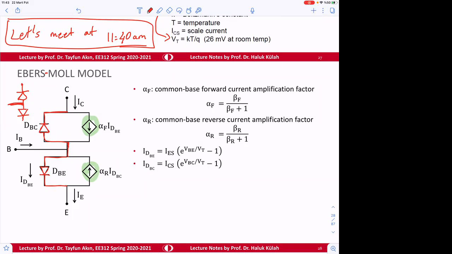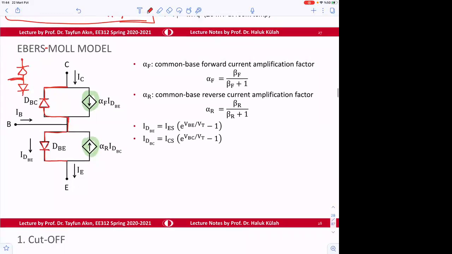The alpha F is something related with beta F. Forward current amplification factor is alpha F, and alpha R is related with beta R. So if we look at the currents here, there's going to be a current through this diode, base emitter, but something related with that current is going to be flowing through here.